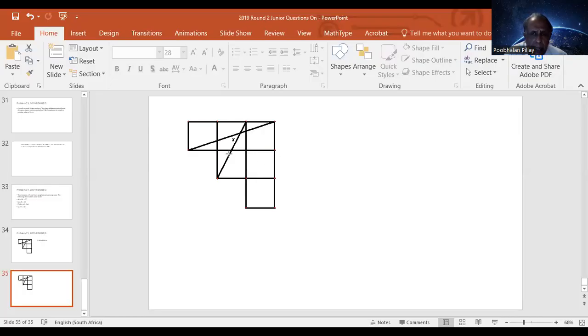But here I can draw a parallel line to this, right? Because this point connects this point, which are two opposite points of a rectangle. I can do the same thing with this point here.